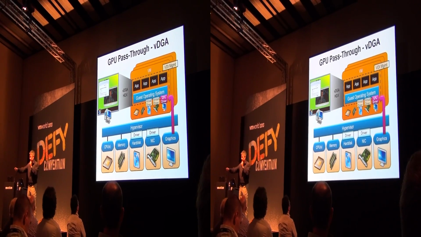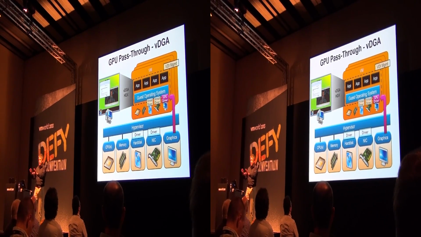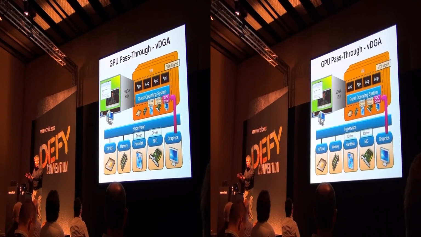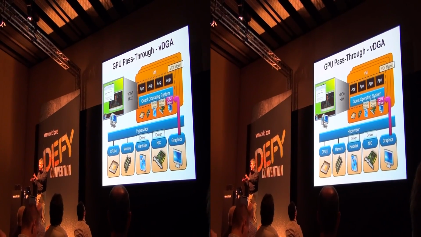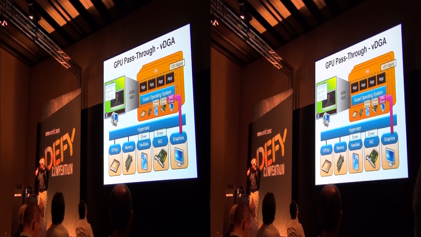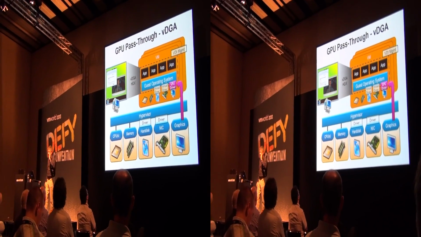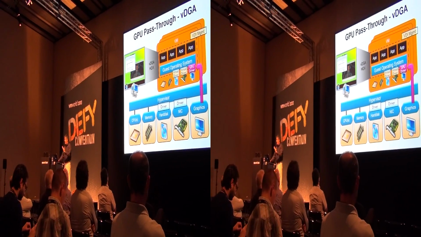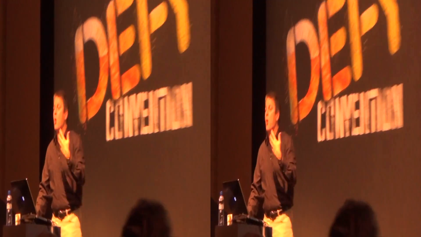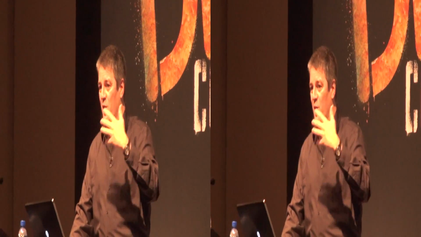So this is the trick. Now you have multiple physical GPUs on your ESX server, and you decide this VM is going to use this GPU exclusively. As you can imagine, this provides the most performance because it's exclusive access to a high-end GPU.